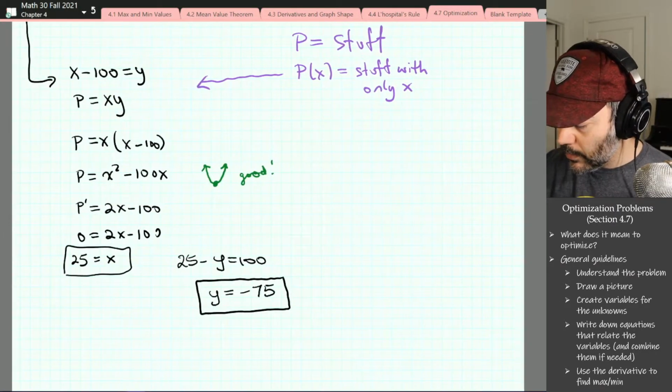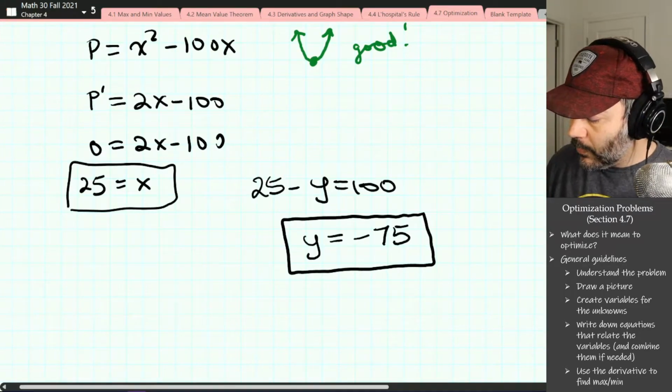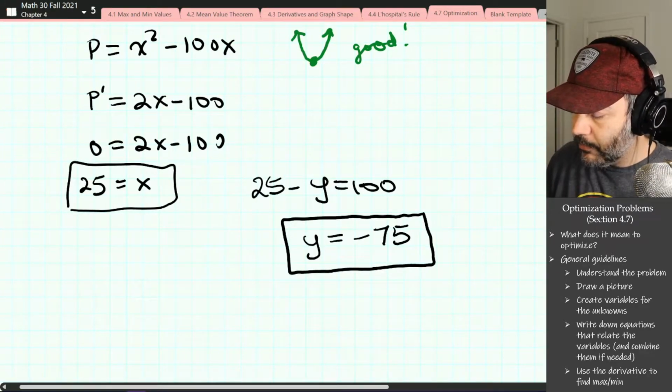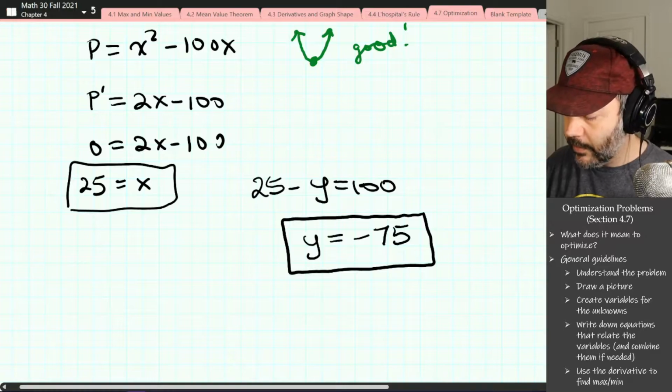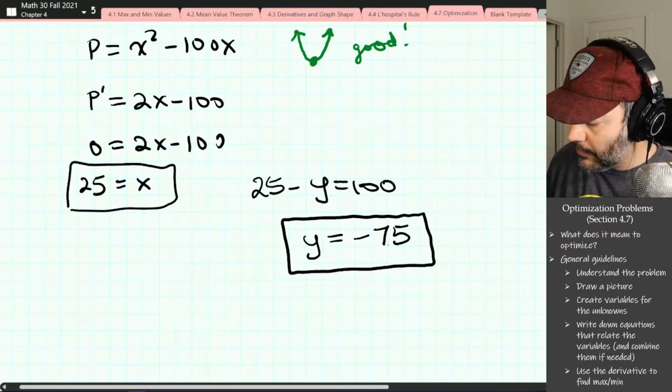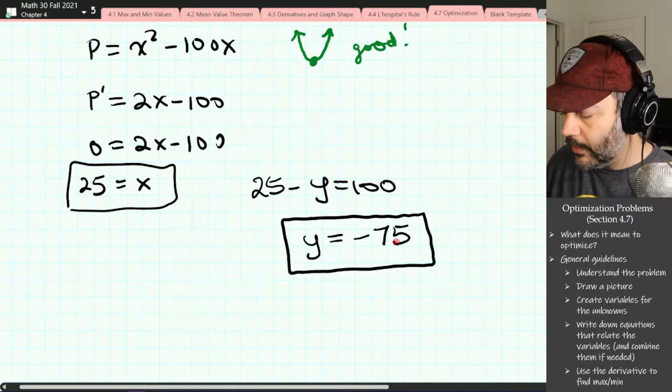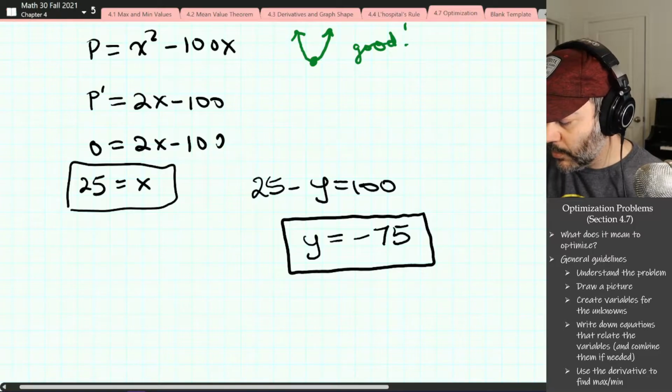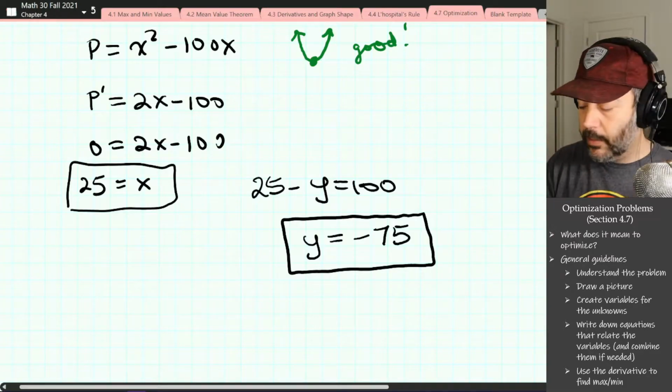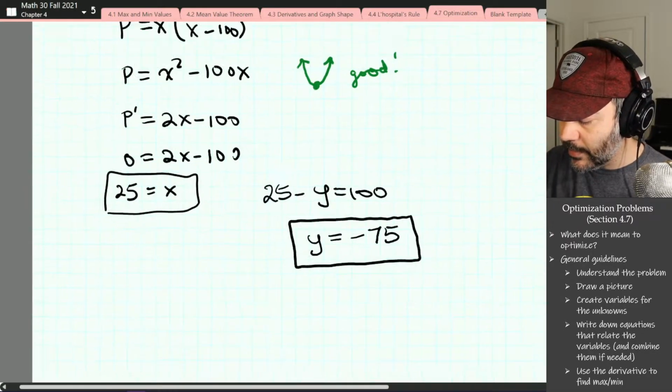Okay, so let's also double check. Is the difference between these two numbers 100? It is. The difference between negative 75 and 25 is 100. Negative 75 plus 100 is 25. So that works. And their product is minimized.